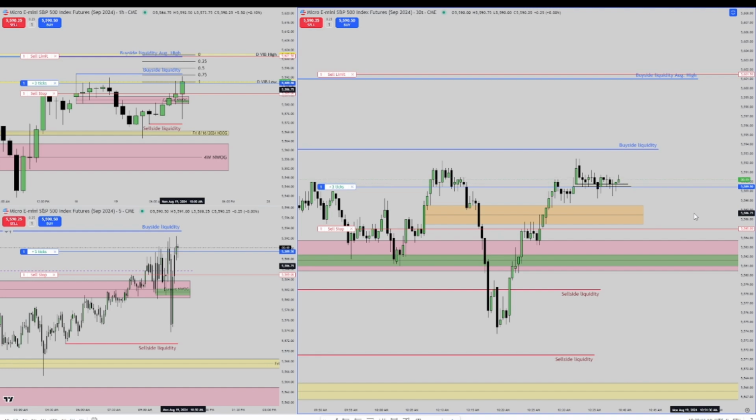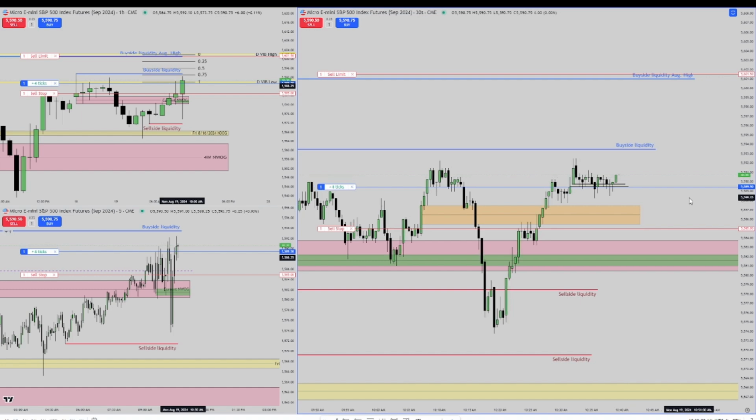You're not going to find anything about a volume imbalance, which is what this is, in any trading book, at least how to use it like this. You might find imbalances, gaps, but you're not going to hear volume imbalance and find anything in a trading book like what you see here.